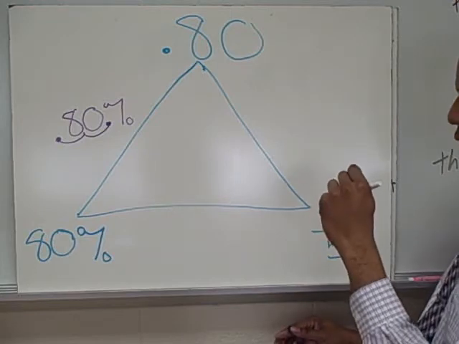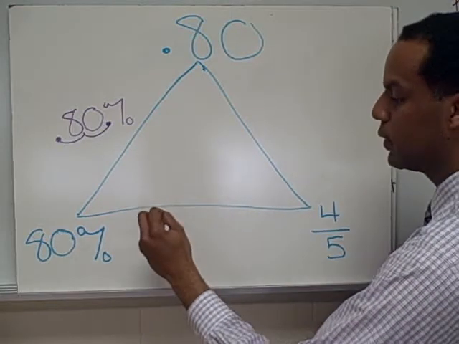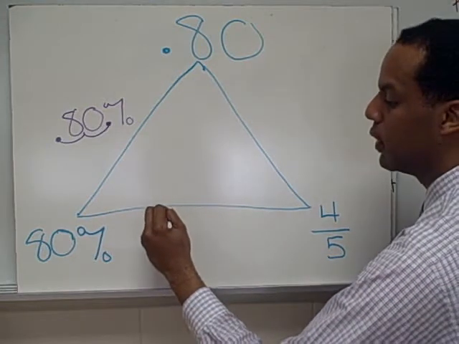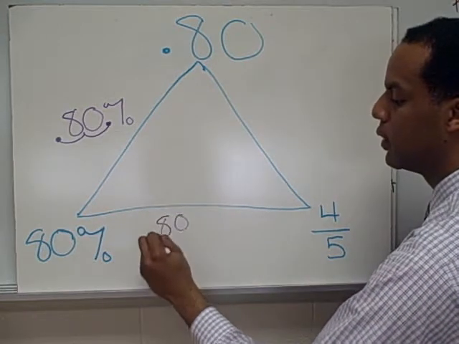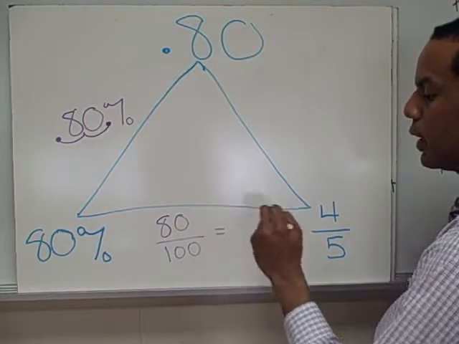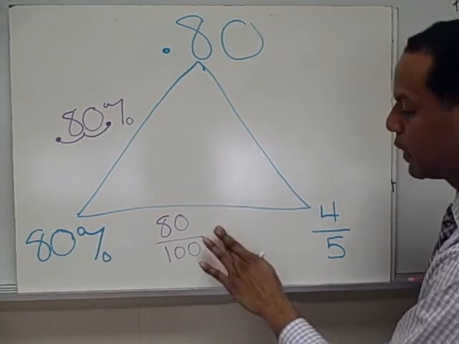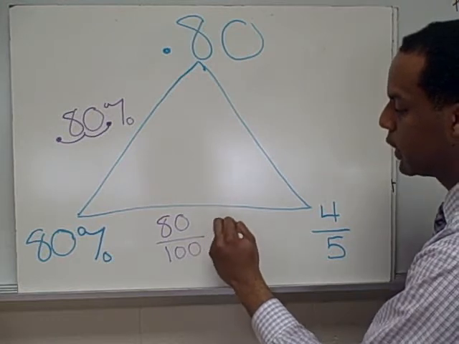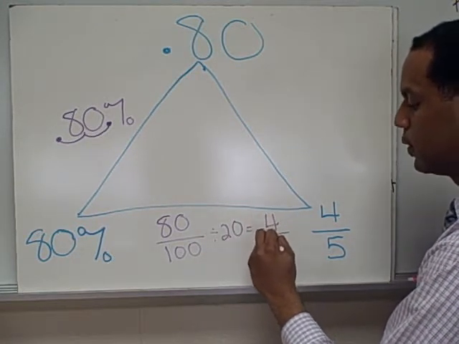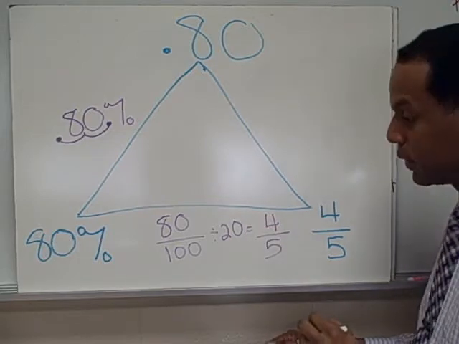If I wanted to go from 80% to this fraction here, I could do 80 over 100, and if we divide by 20, it will equal 4/5.